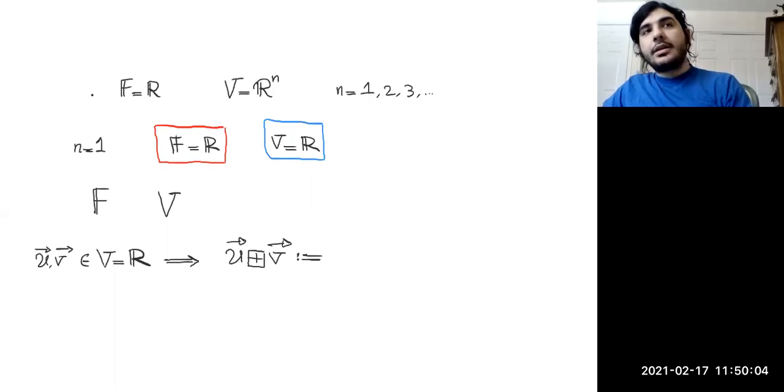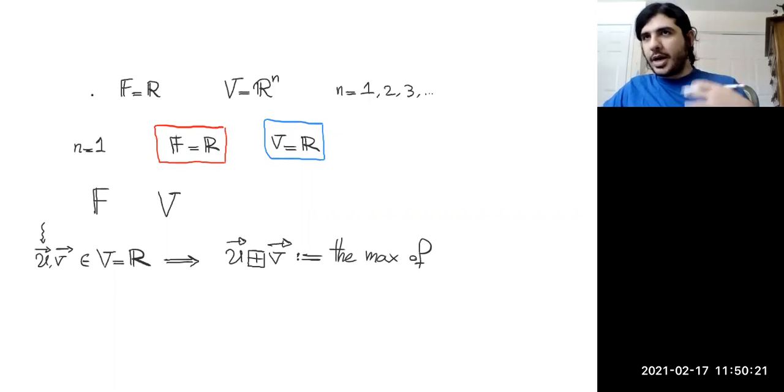I would define it to be the max of, well, note that u and v are just real numbers. Although I'm using an arrow because they're elements of my vector space, they're just real numbers, like 2, -1, pi, things like that.